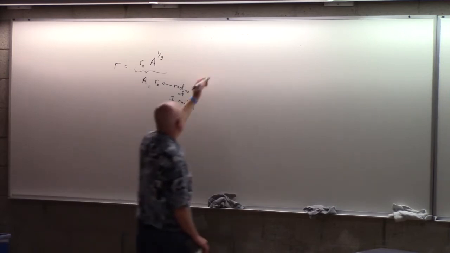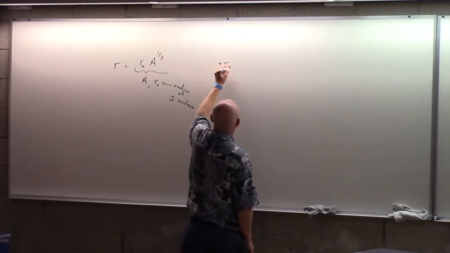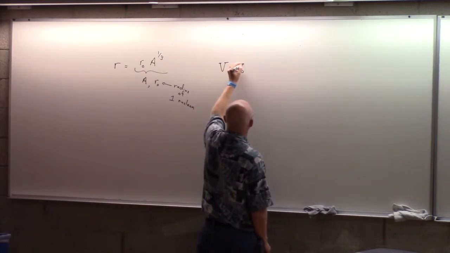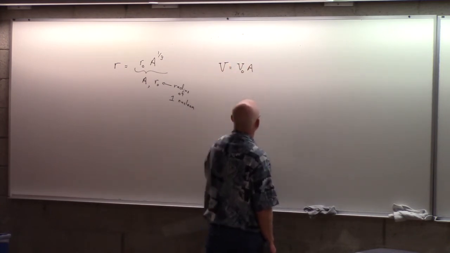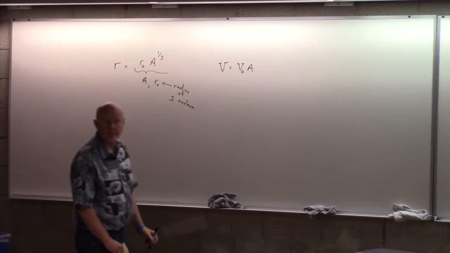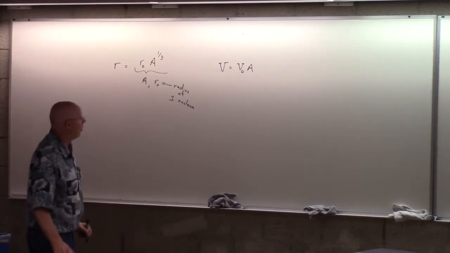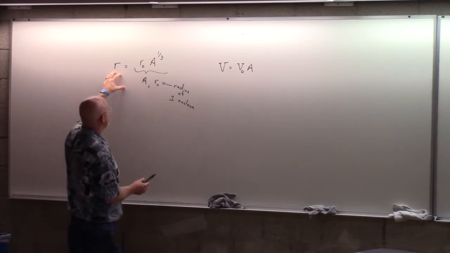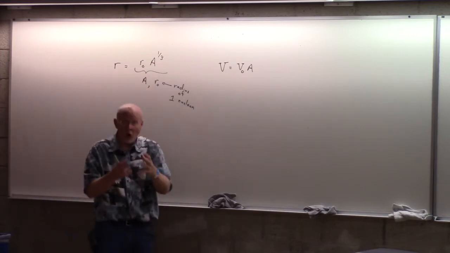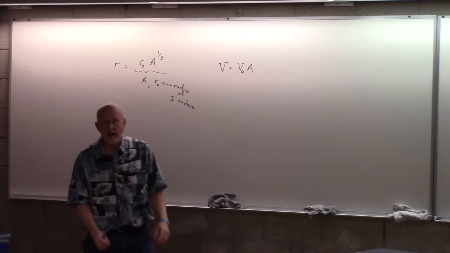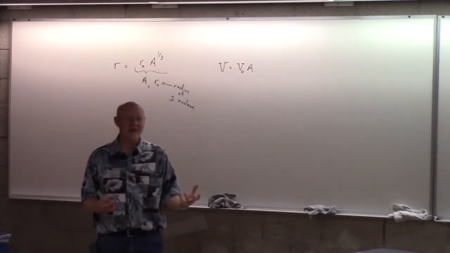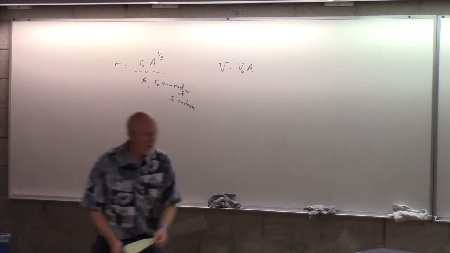That's because the volume of the nucleus is equal to the volume of one of them times A. And so we see here that the radius keeps getting bigger and bigger with the more nucleons that we have. But it really doesn't get that much bigger. That's what's kind of interesting.